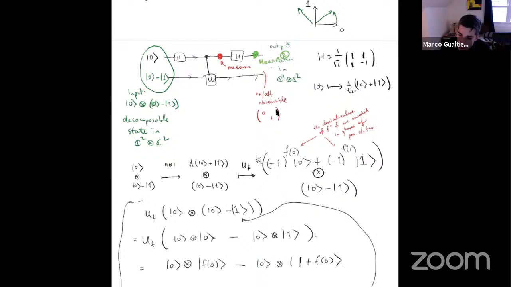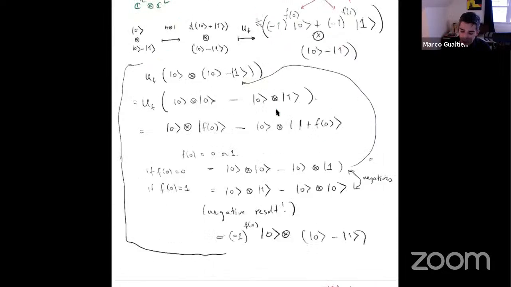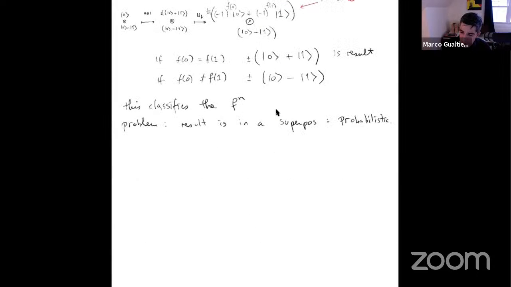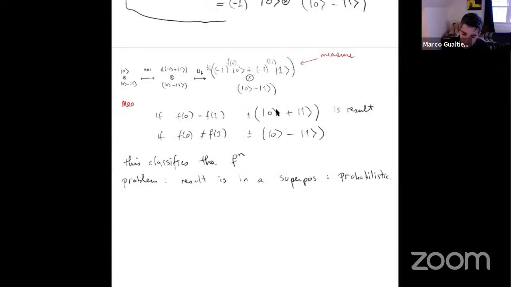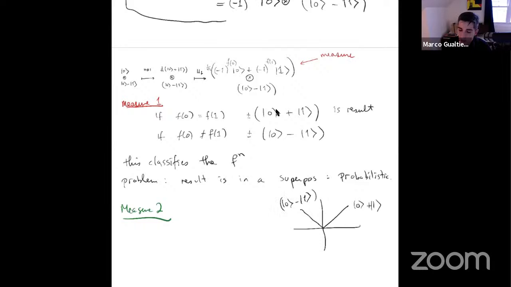Let's say this is the second measurement. This was the first measurement. So the second measurement is going to take these states, which are in this annoying superposition.